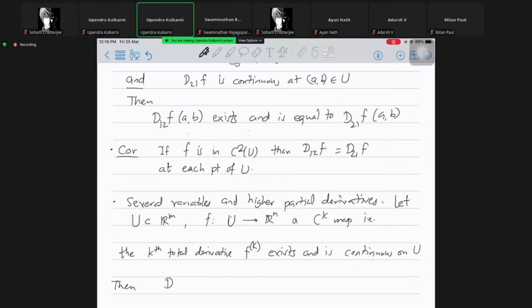Then I'm going to take kth partial derivatives. So D_{i1, i2, up to ik} of f at any point in U is equal to what? Any permutation of these i1 to ik.